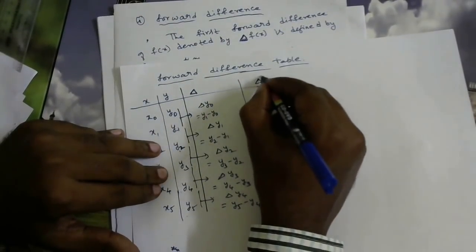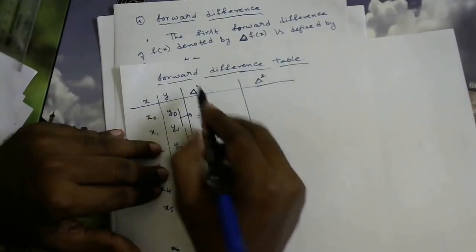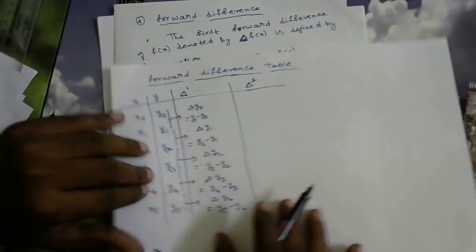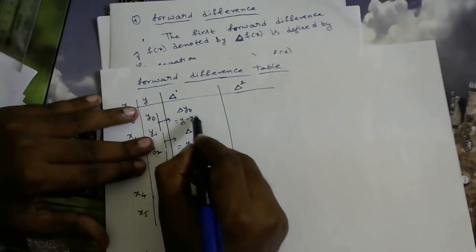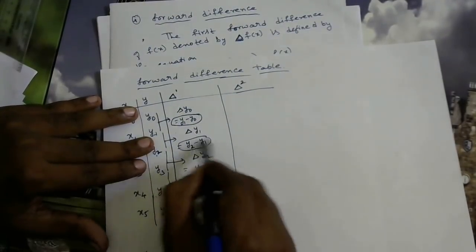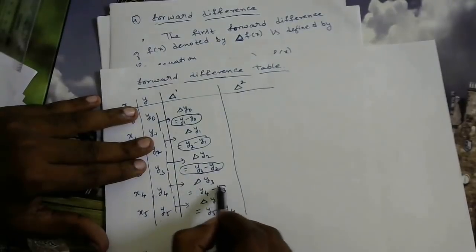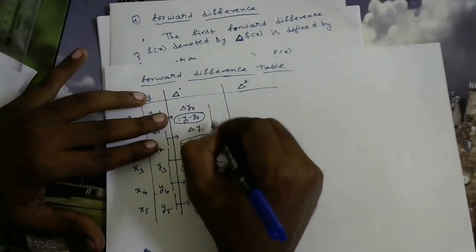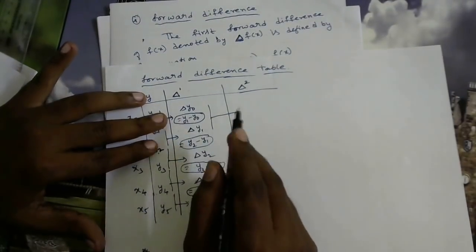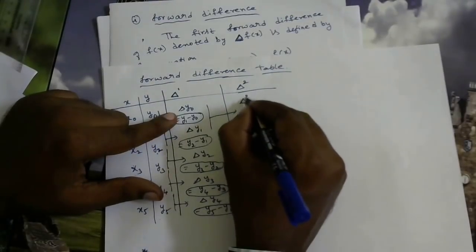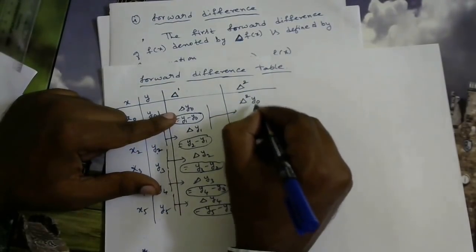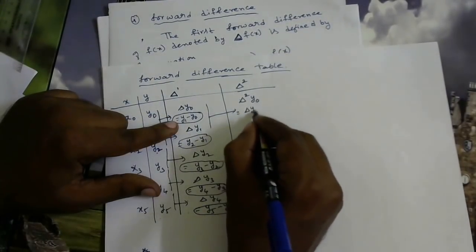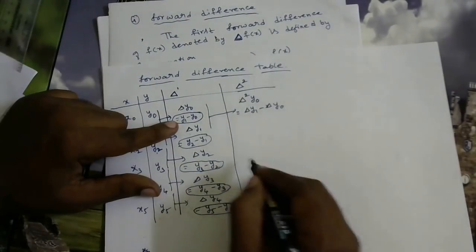Delta, with power 1, so this is the first difference. Here power 2 is there, so whatever elements we get are second differences. Here I am neglecting these things, so I will consider only delta y0 and delta y1. What do you get in the second difference? Delta square y0 equals delta y1 minus delta y0.